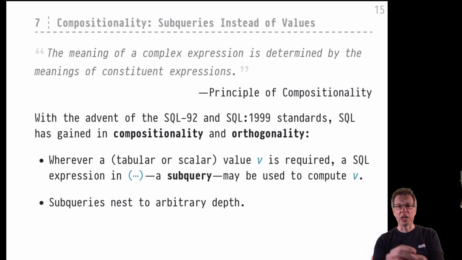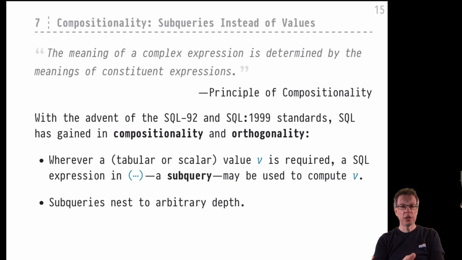There will be no side effect or context dependencies. The meaning of such a tiny expression contributes to the meaning of the entire big thing. And that allows us to assemble complex queries from tiny individual parts that we can test in isolation. It has not been like this all the time in the SQL language.